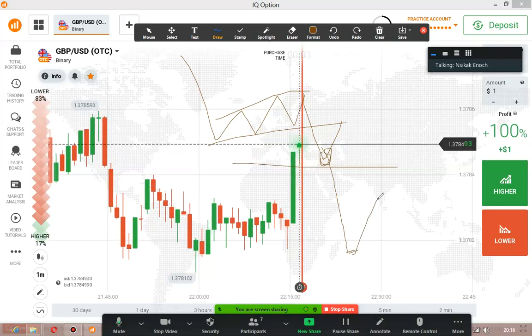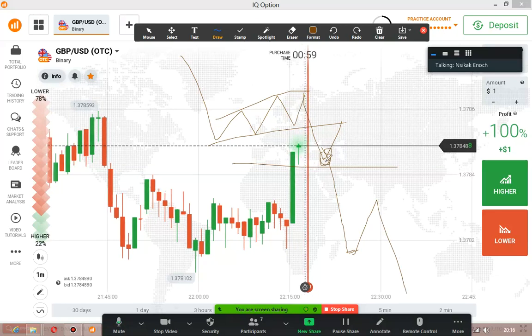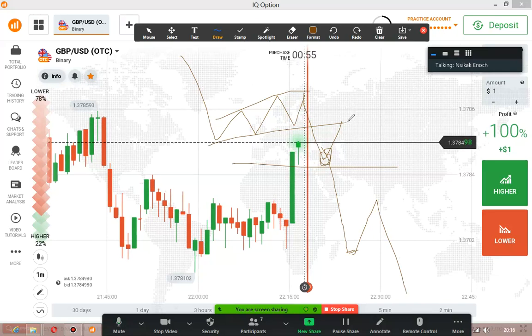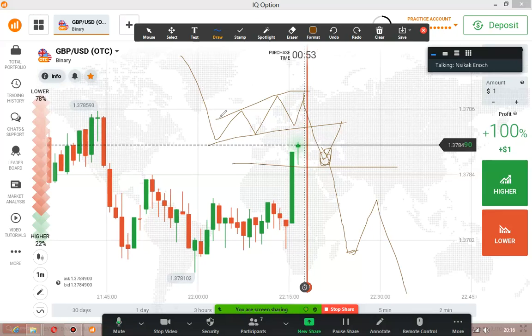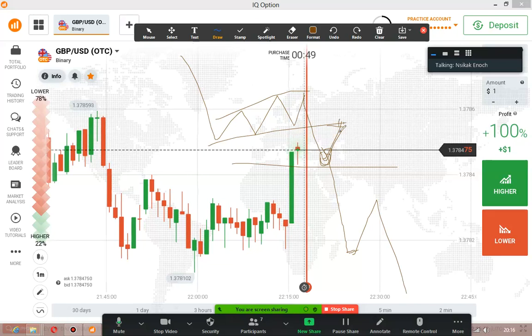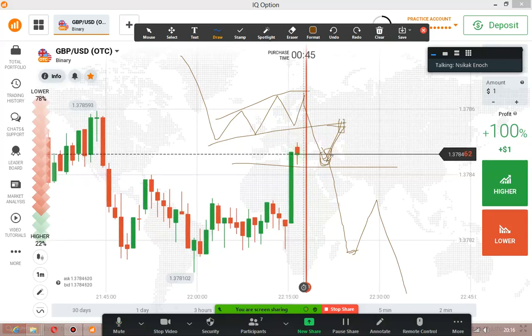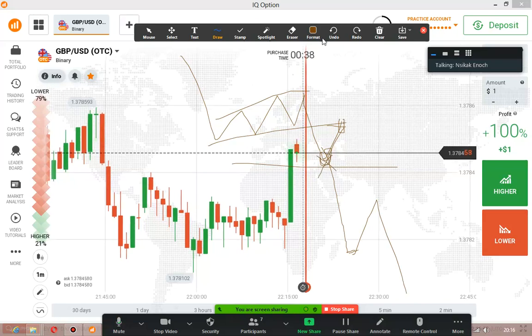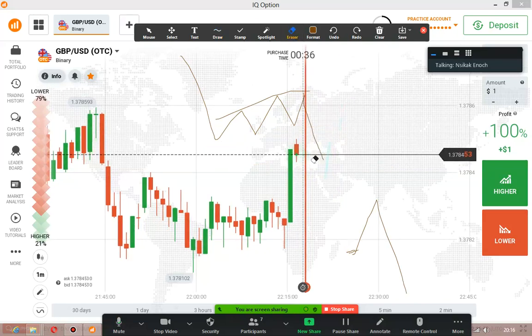It might just make some retracement and continue its journey to the downside. So make sure that the pattern has already formed and the pullback is here. So this is where you should be expecting to enter the trade, not here, not here. Don't force the market to go up here, okay, because we are not the only ones trading.